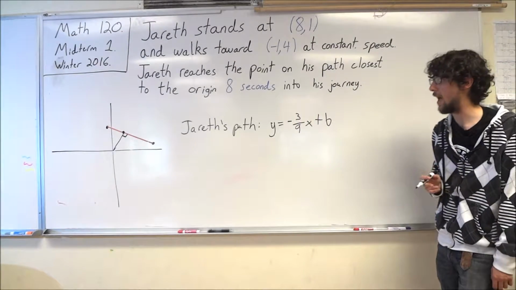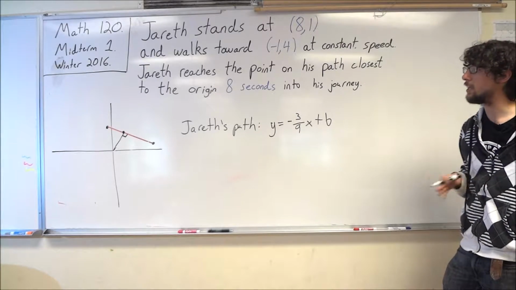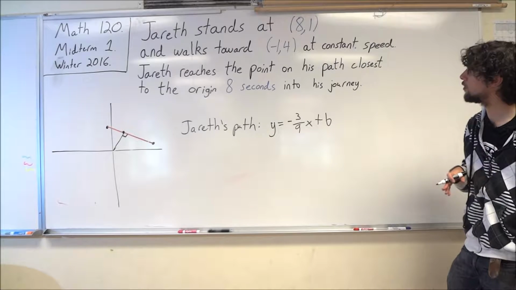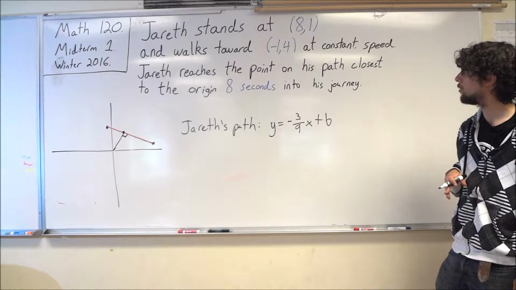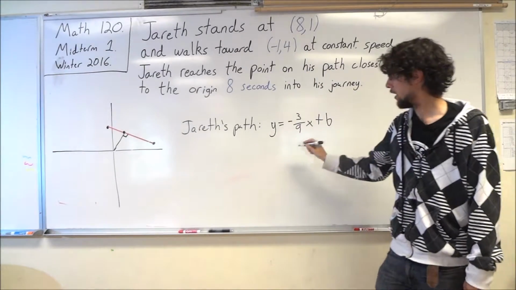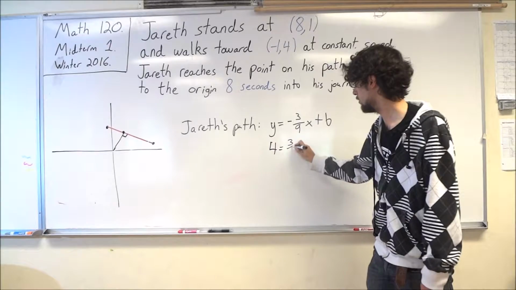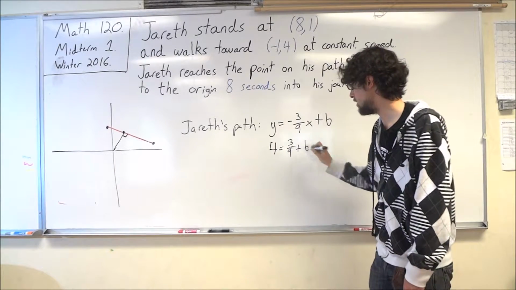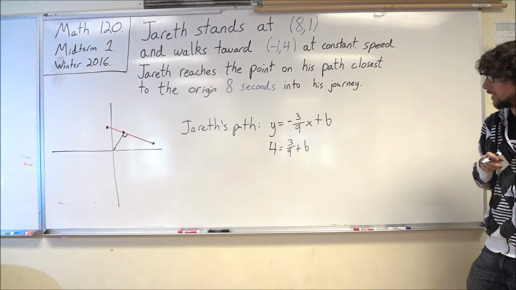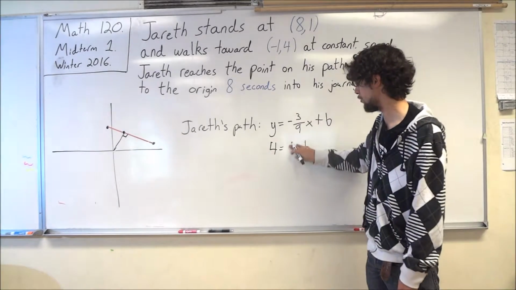I know that Jareth's path is of this form. Now, in order to find the y-intercept, all I need to do is plug in one of these points. Let's plug in this one. And what I find is that 4 equals 3/9 plus b. A little ugly, not too bad. I guess I'll write 3/9 as 1/3.